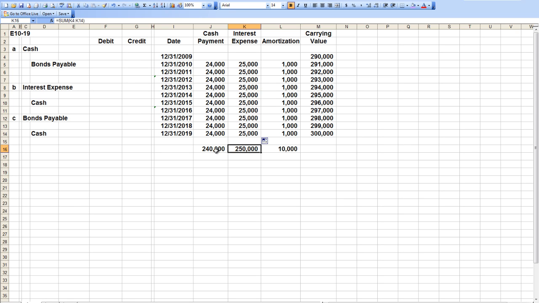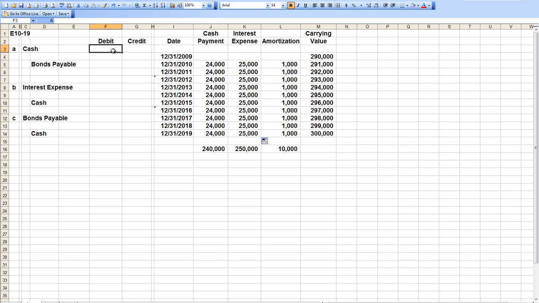That's because I paid out $240,000 with my annual payments, but I also paid an additional $10,000 at the end over and above what I had borrowed at the beginning. So that $250,000 divided evenly over 10 years is $25,000 per year.